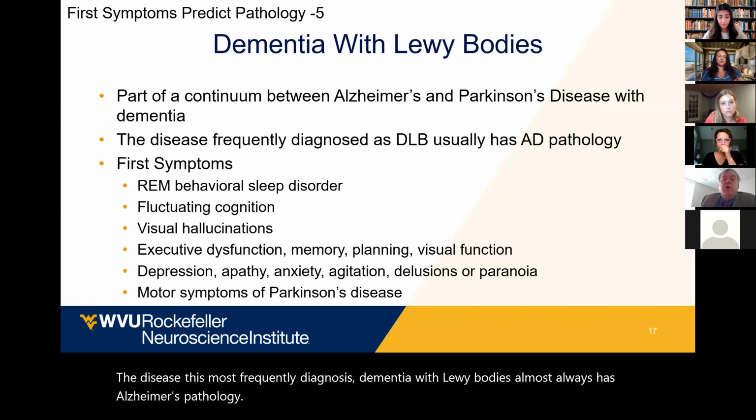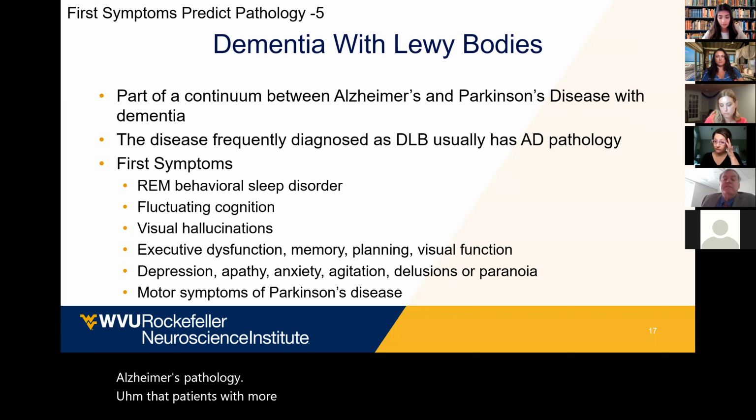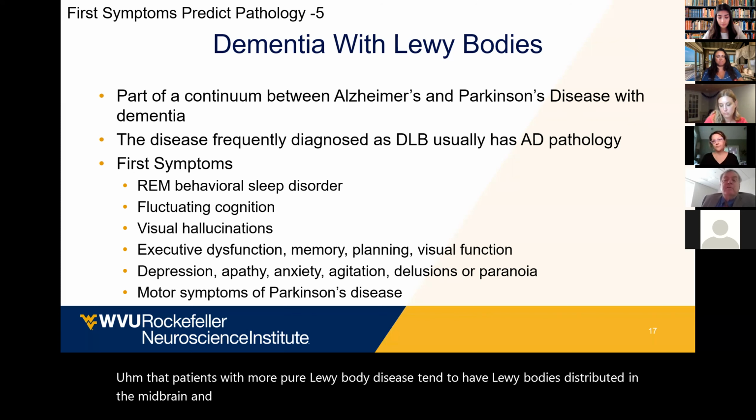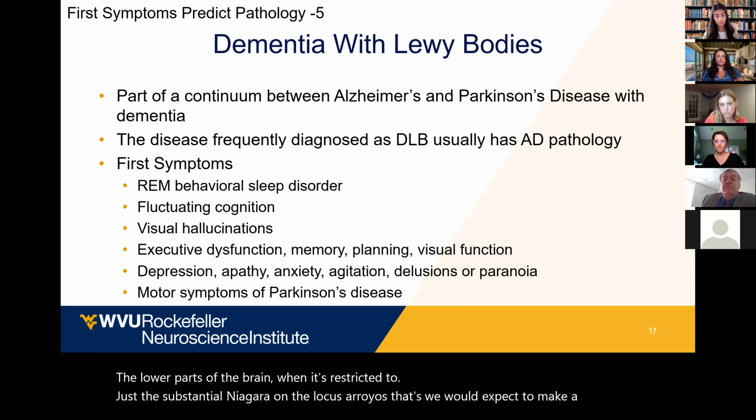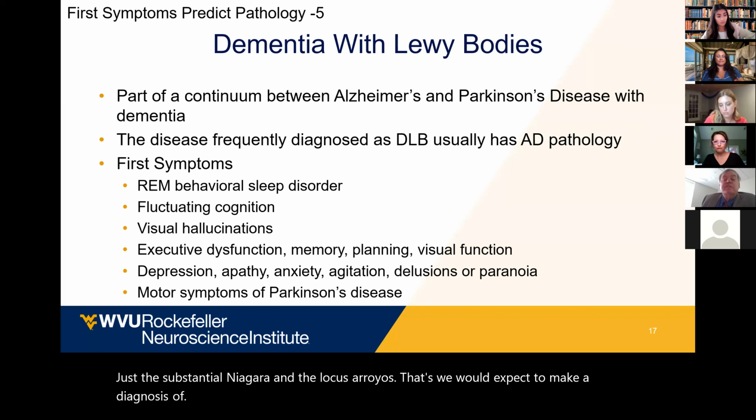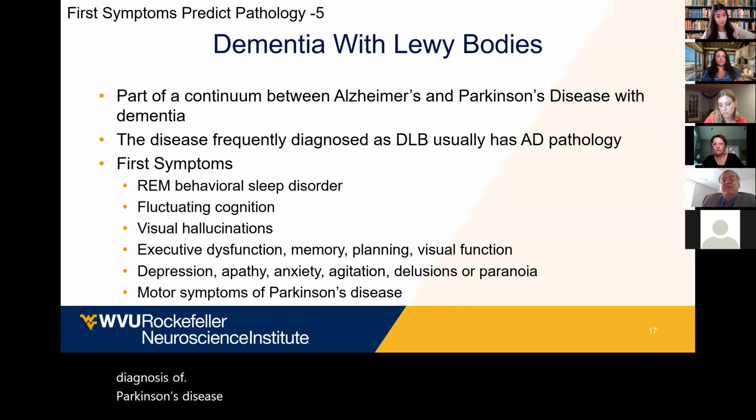Patients with more pure Lewy body disease tend to have Lewy bodies distributed in the midbrain and the lower parts of the brain. When it's restricted to just the substantia nigra and the locus coeruleus, we would expect to make a diagnosis of Parkinson's disease alone. And so this continuum, I think, actually causes confusion when we talk about it.